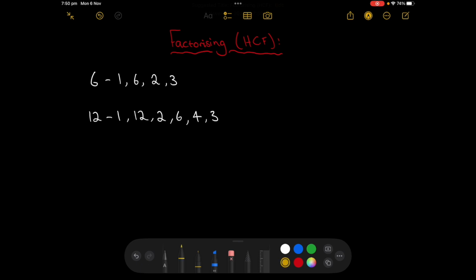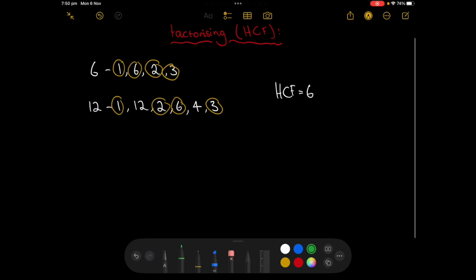Now, we wanted to know what the highest common factor was between 6 and 12. We know that our common factors are 1, 6, 2, and 3, making our highest common factor 6. So this is stuff you've seen before. What we're doing in this topic is we are going to put an algebra context to it. So let's look at an example.